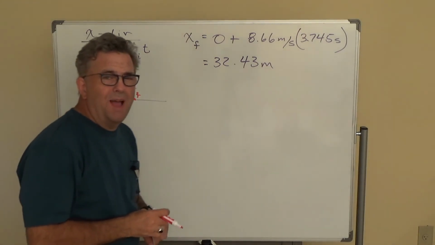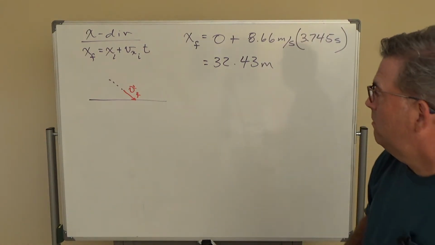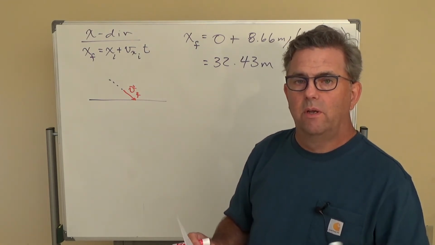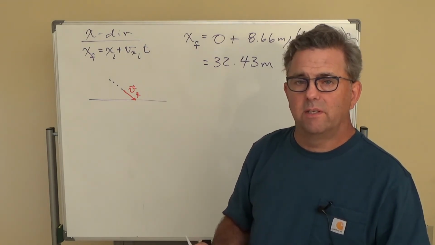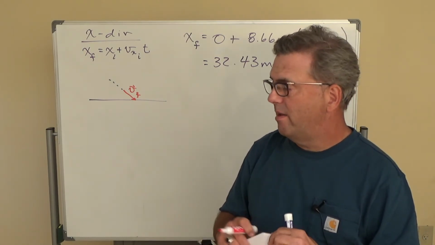I'm talking about that instant right before it hits the ground. Well, we can calculate the final velocity in the x direction. We can calculate the final velocity in the y direction. Once we have that, we can calculate V final.